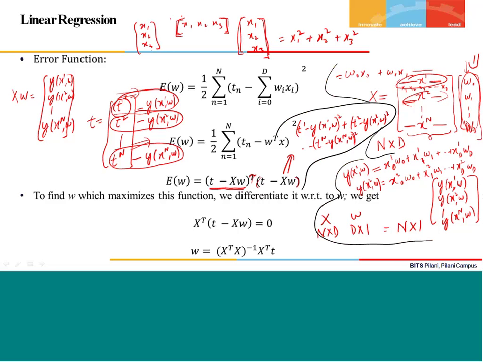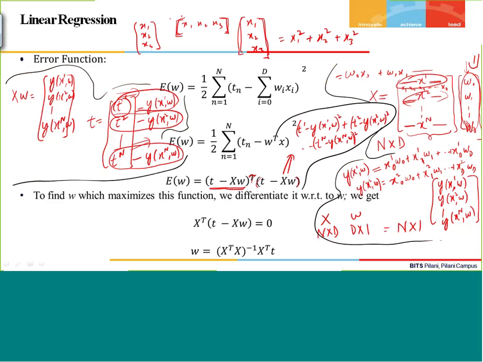So from this explanation, what I am saying is that if you have some error function and you are writing that error function in this form, and similarly you want to write it in vector form, the equivalent representation of the same expression will be this. So don't get confused if you see all these things. Now very simple, as I have done this several times.